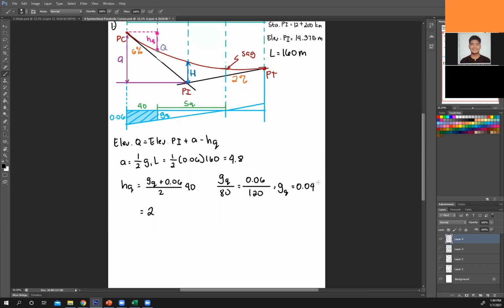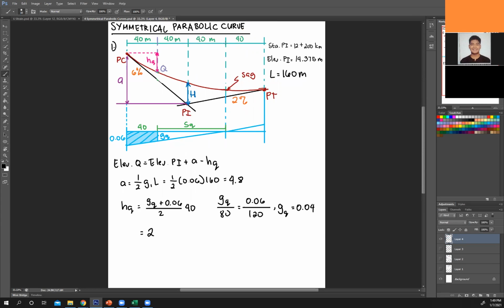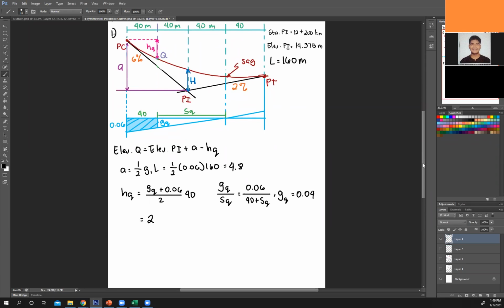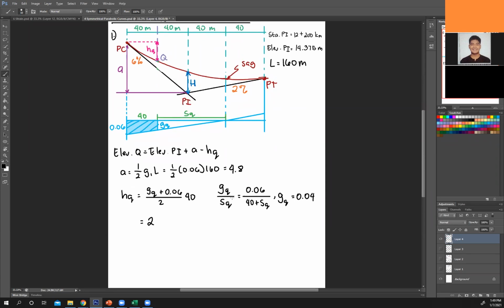By the way, you can use this as well because the sag of your curve corresponded to the third quarter point of your curve, but it's not always that case. Okay. So this is GQ over SQ. Okay. Then this is now 0.06 times 40 plus SQ. Okay. So to solve for SQ, we're gonna do this.